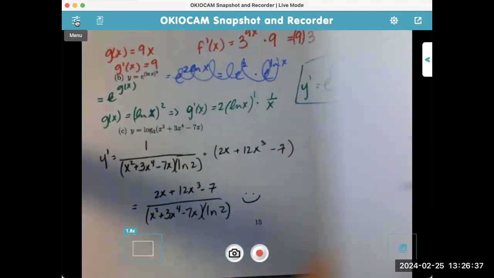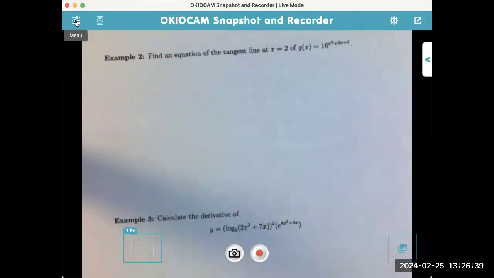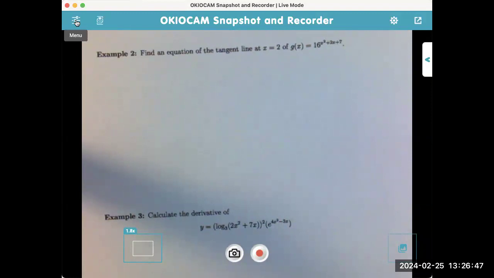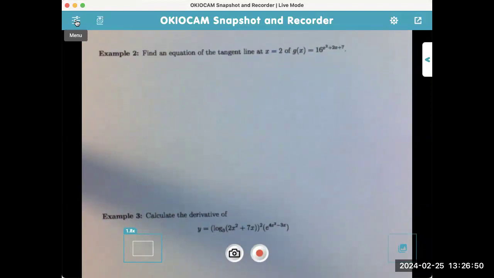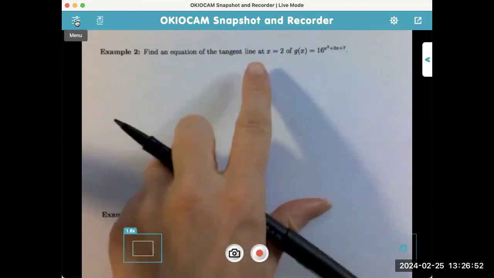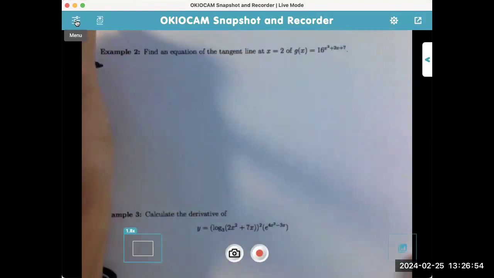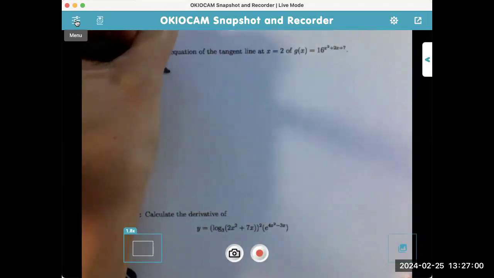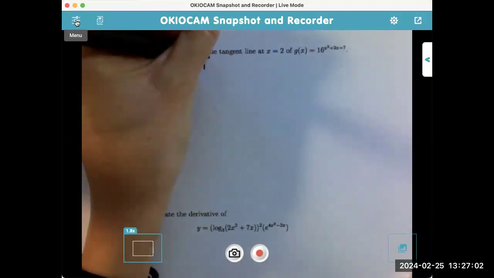If I can get my paper. There we go. All right, so now find the equation of the tangent line at x equaling 2 of g of x equaling 16 raised to the x squared plus 2x plus 7. So remember, this says that the equation of the tangent line is y minus y1 equaling the slope of the tangent line times x minus x1.